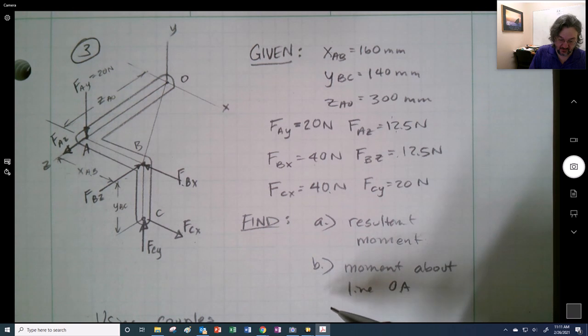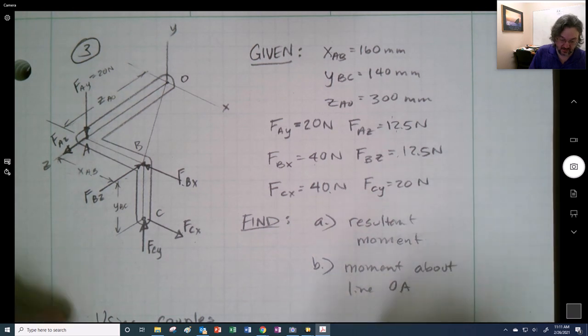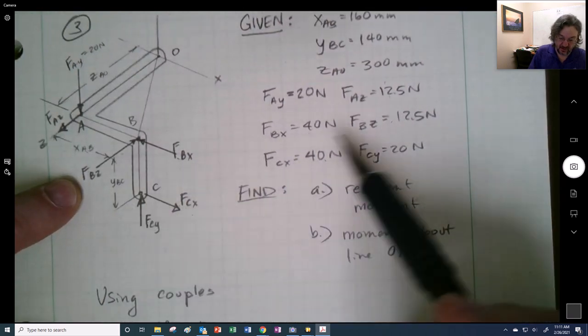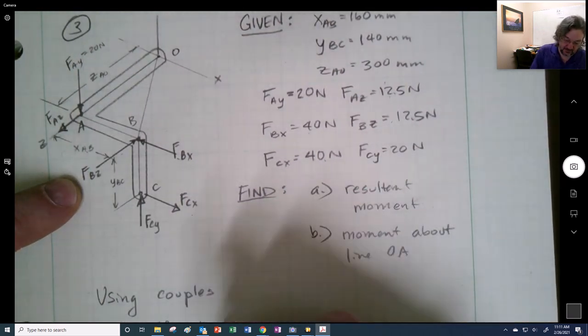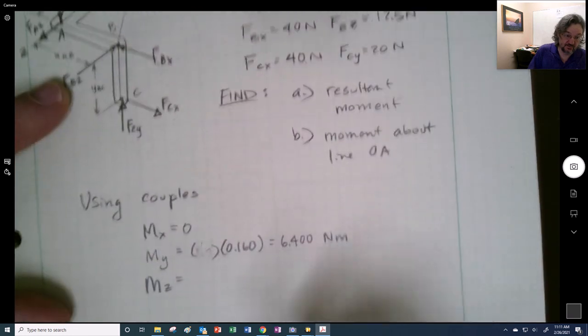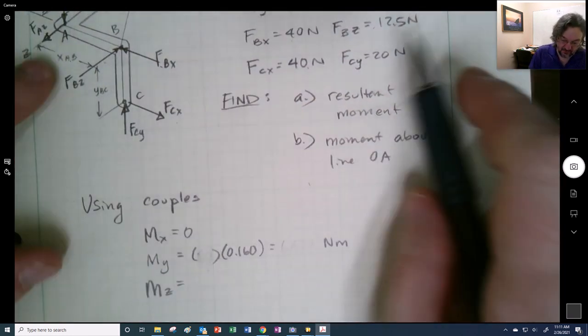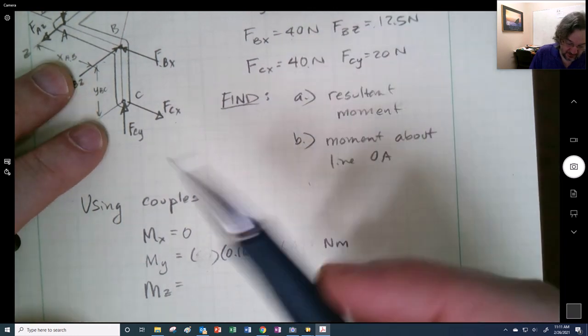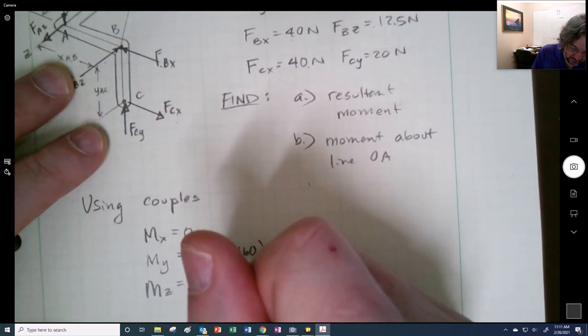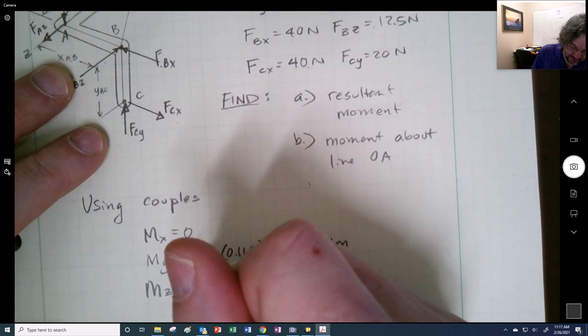Wait a minute, did I just say 40? I think I just did something wrong here. Let me see here. FBZ was 12.5. I messed that up. Sorry. All right, so FBZ is 12.5. And by the way, this is plus right there.